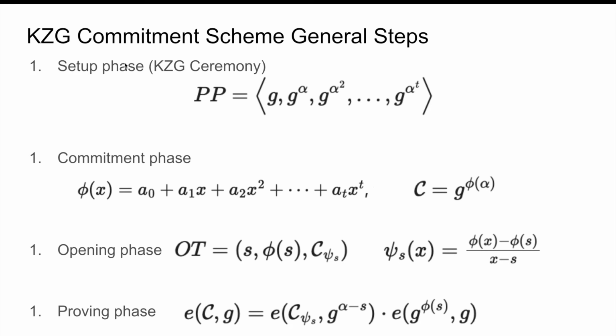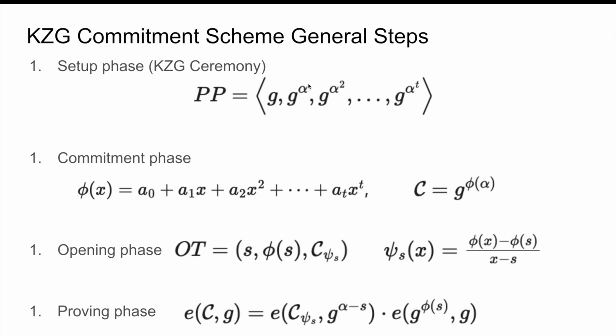What it does is find a series of points which may look like this. Here G stands for generator. It can be a point on an elliptic curve, and we need to find various powers of G: G to the power alpha, G to the power alpha squared, up to G to the power alpha to the power T. The important thing to remember is that alpha should be a secret.